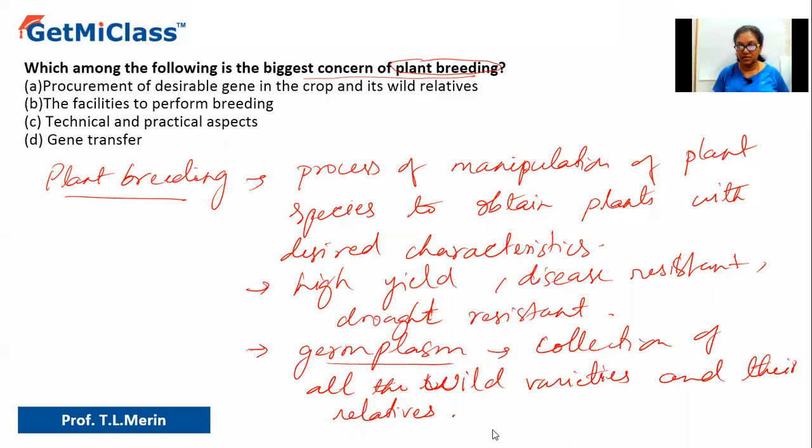Because all the varieties of wheat are present there, it will contain all the alleles of all the genes of that particular crop. So you will know that none of the genes or characteristics of that crop have been left off.